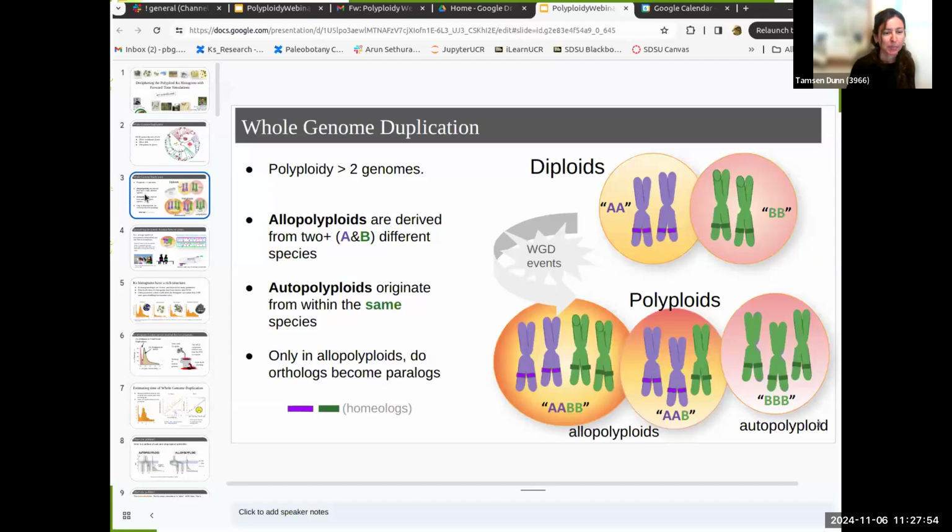And then autopolyploids are derived from whole genome duplication that originates within the same species. And one of the major impacts of this difference in mode of origin is that only in allopolyploids do orthologs, which are genes that have been separated by speciation for some amount of time, later become paralogs.